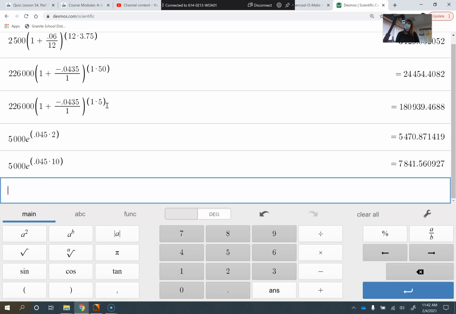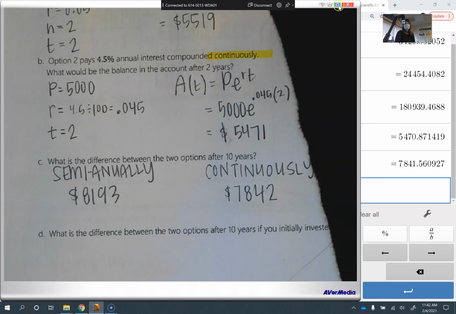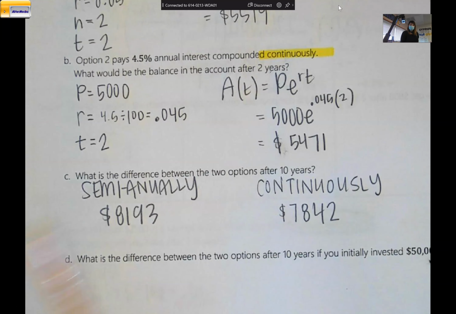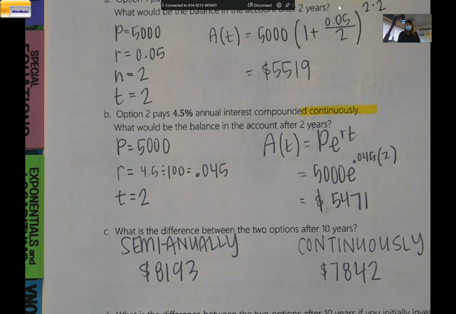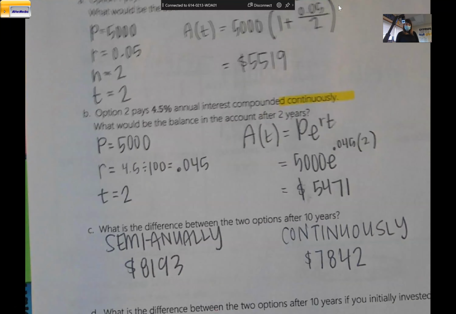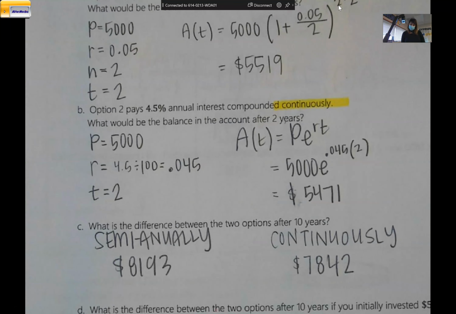So I'm getting 8,193. So over time, is the semi-annually still better? Yes. I think part of the reason why is because your interest rate on option 1 is a little bit higher. On option 1, it's 5%, and on option 2, it's how much? 4.5.